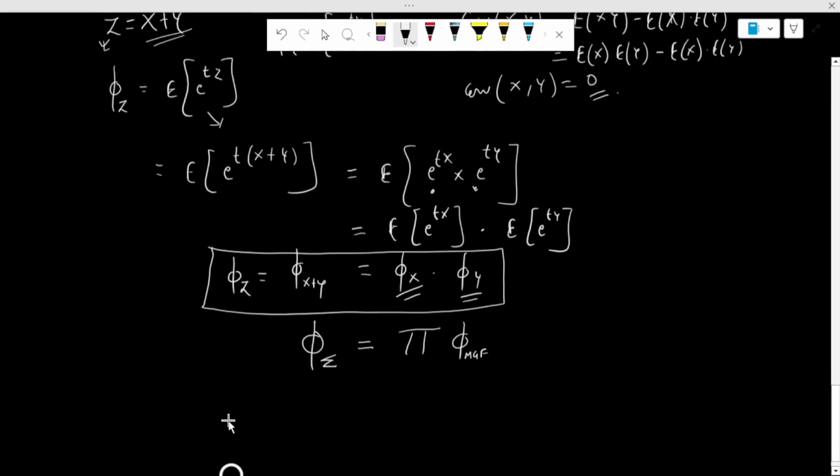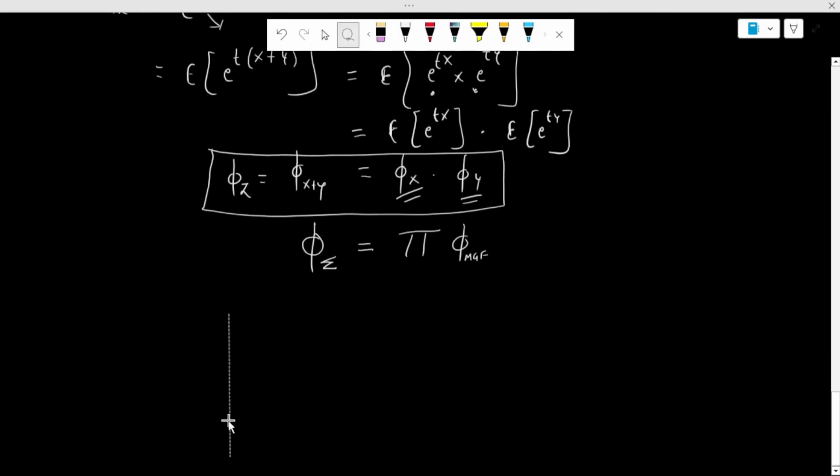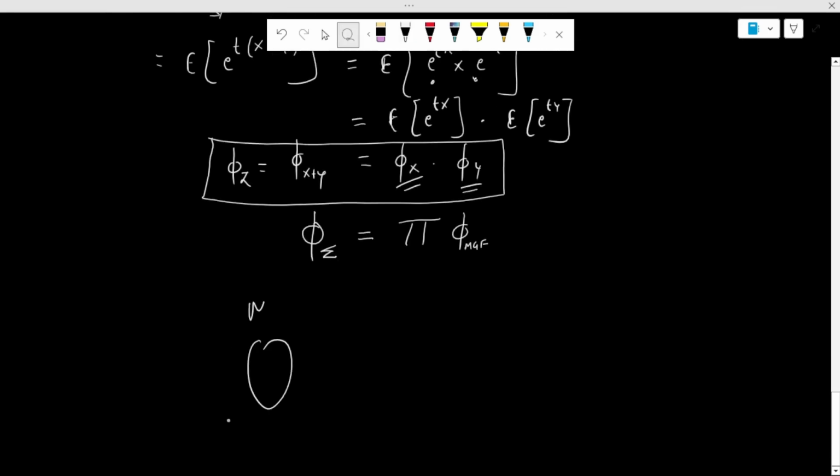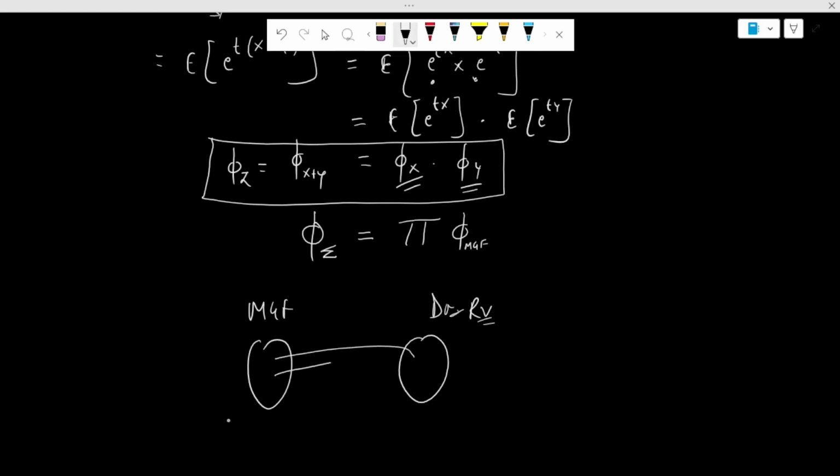Let us reiterate the property that we have mentioned already. The moment generating function has a one-to-one correspondence with the distribution of the random variable, and the MGF, or moment generating function, uniquely determines the distribution of the random variable.